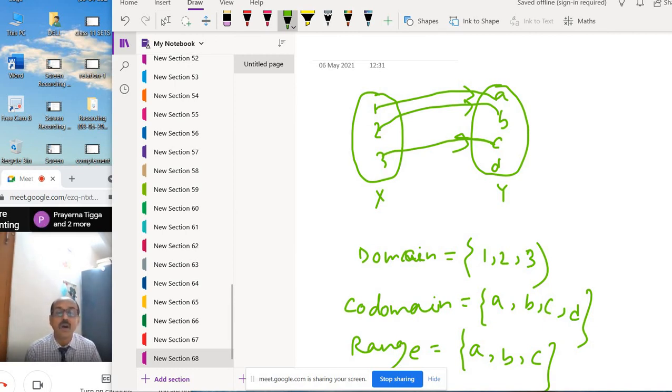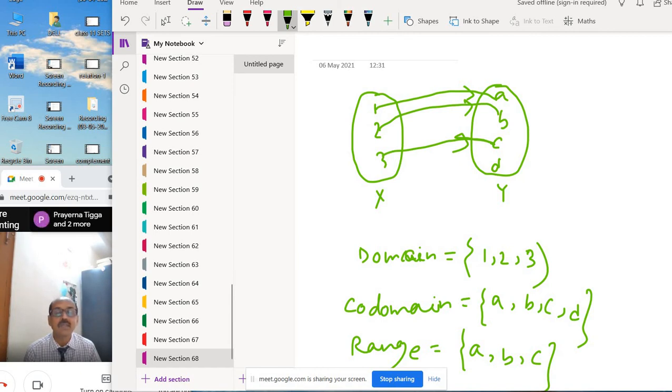Domain means all the elements of the first set. Codomain means all the elements of the second set. And range is only the image set. So A, B, C are the images whose pre-images are 1, 2, 3, so A, B, C are the range.